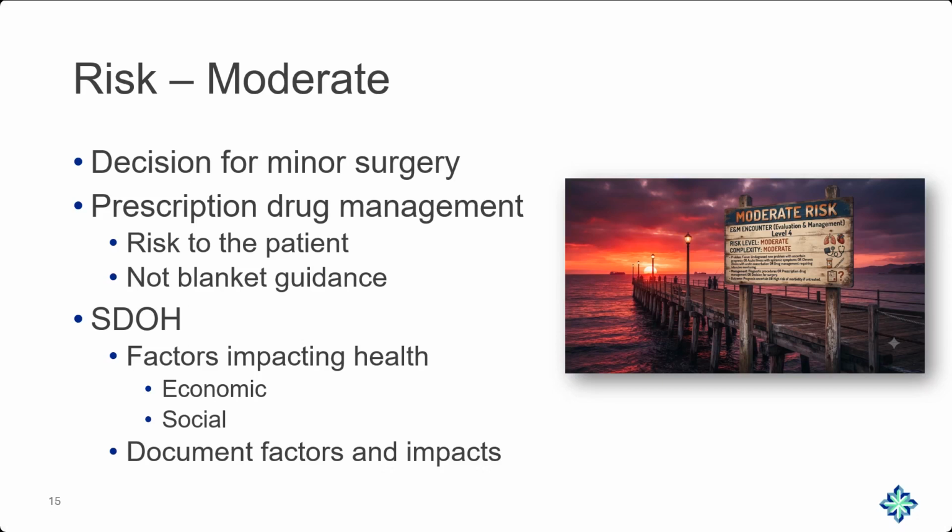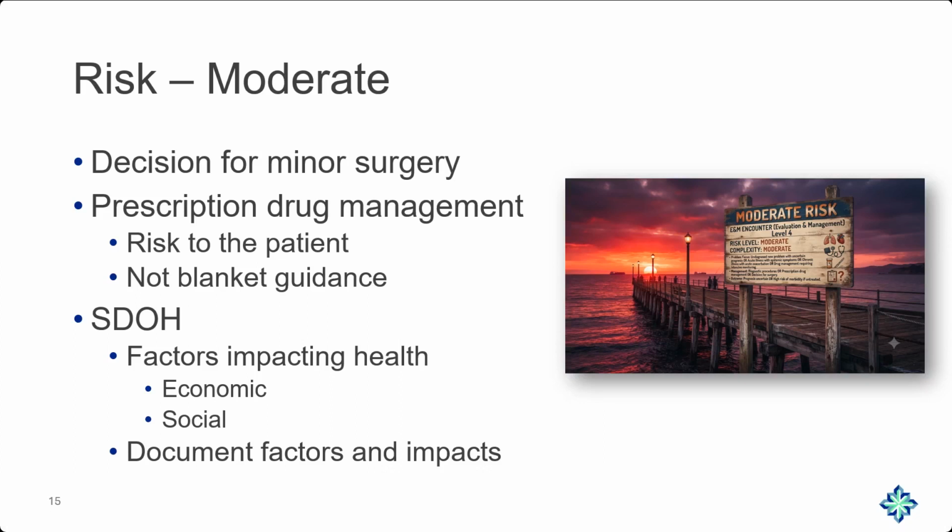Also for moderate, we have social determinants of health. As I mentioned before, you have a patient who's been diagnosed with diabetes and they may have social and economic conditions or situations going on that are going to impact their health and their ability to better manage their health. You want to make sure you're considering that.